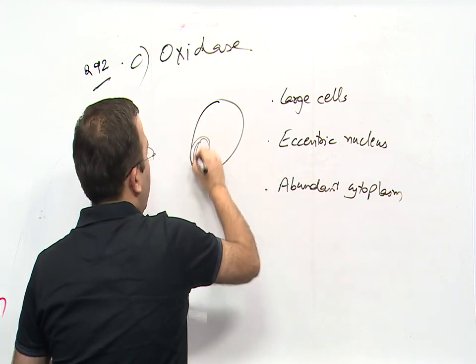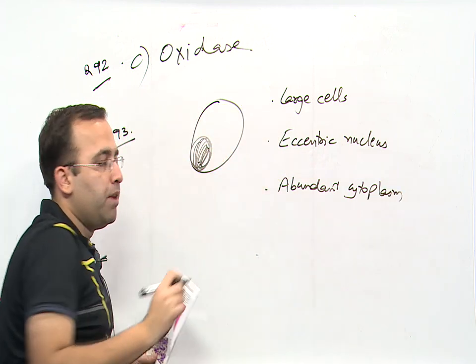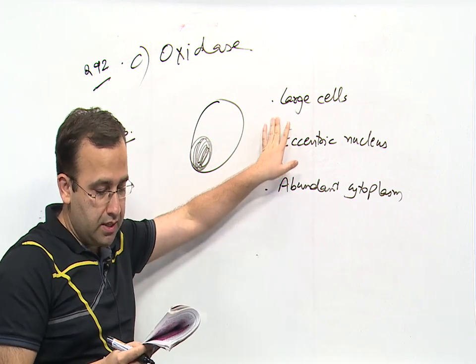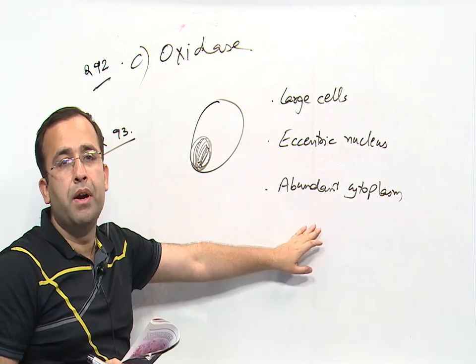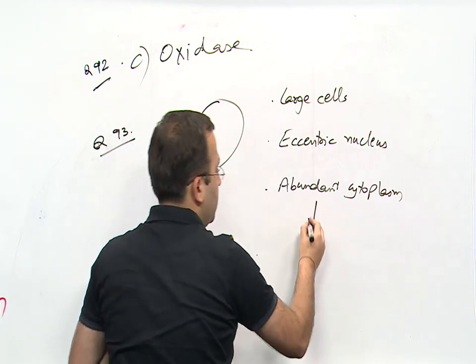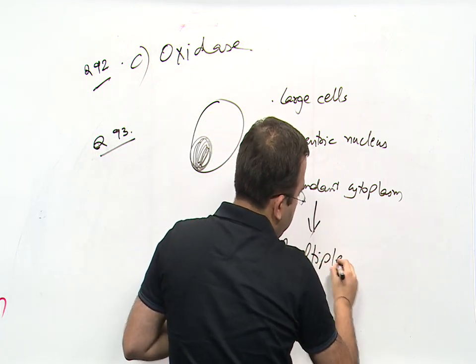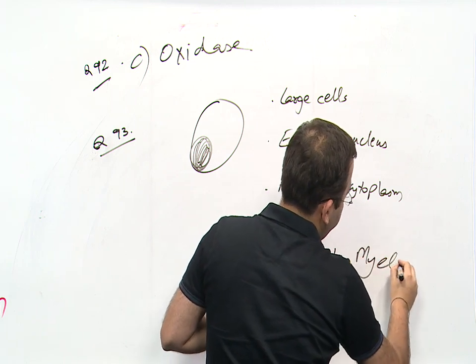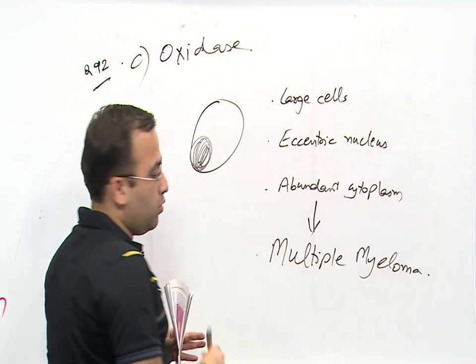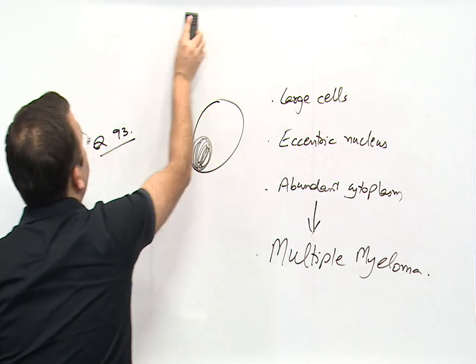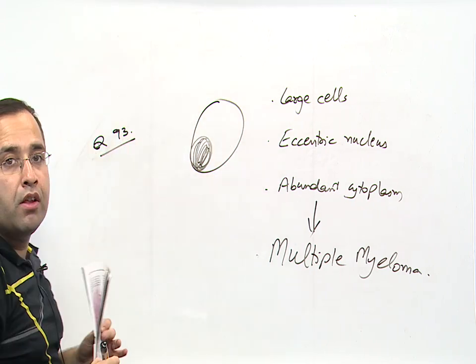These are plasma cells. So it is a diagnosis of multiple myeloma. So question 93 is a diagnosis of multiple myeloma.